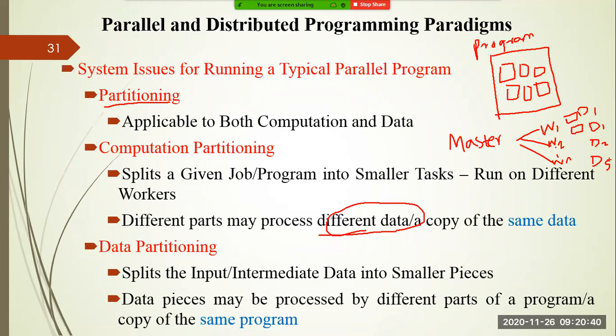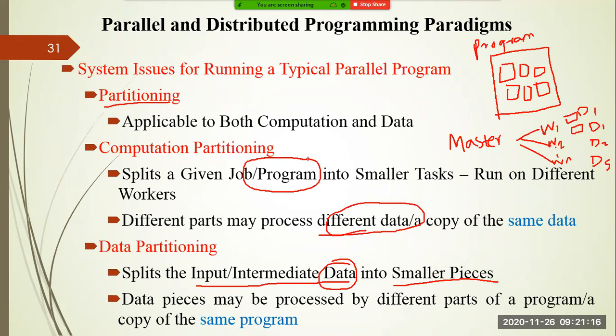Coming to data partitioning, what we are doing in computational partitioning, you are dividing a program, right? Here, this splits the input or intermediate data into smaller pieces. It is the same thing: here you are dealing with the data, there you are dealing with the computational program. So upon identification of the parallelism in the input data, it can be divided into pieces.